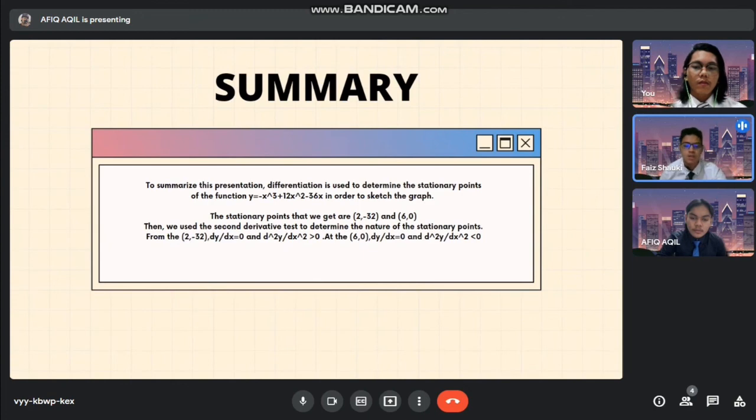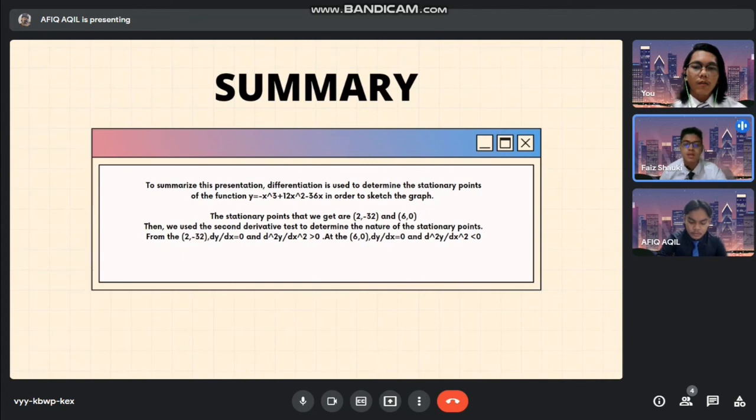After we do the differentiation, factorize, and substitute, the stationary points that we get are (2, negative 32) and the second coordinate (6, 0). Then we use the second derivative test to determine the nature of the stationary points.